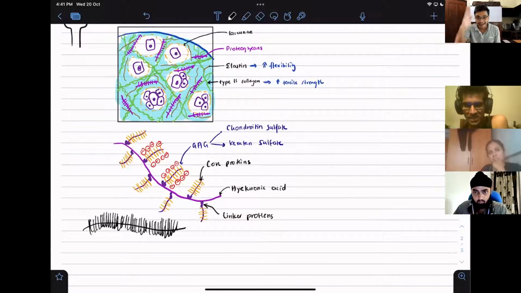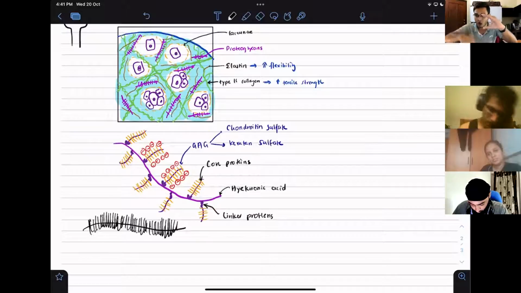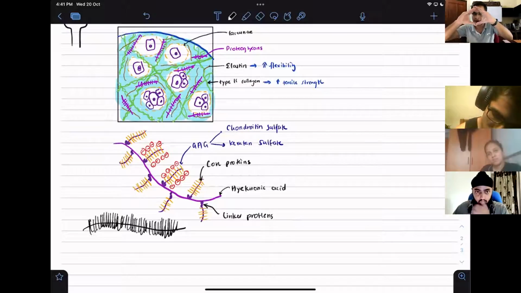Repel. Excellent. There is electrostatic repulsion. Now imagine this is your cartilage. When there is some shock, some pressure, it will pinch a little bit inward, but due to the repulsive forces, what will happen? It bounces back to the normal structure.